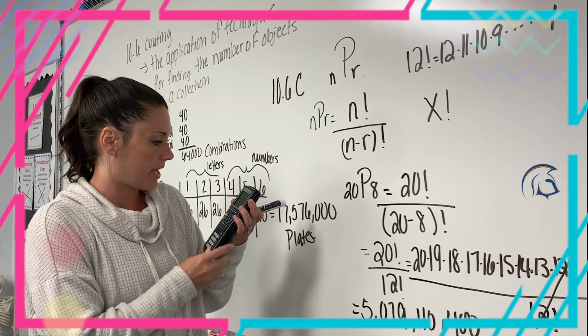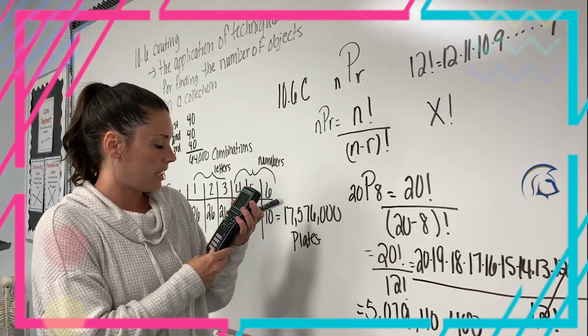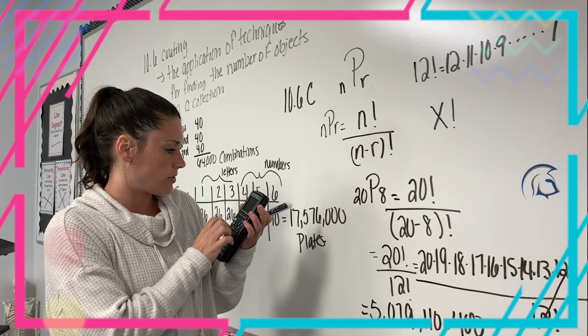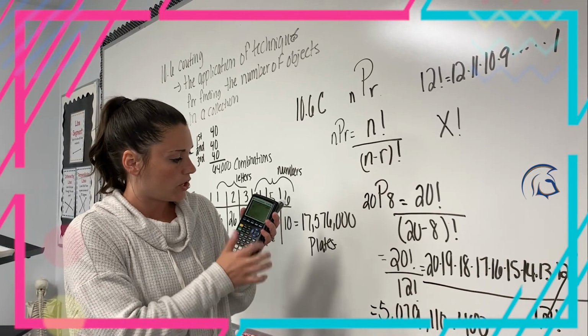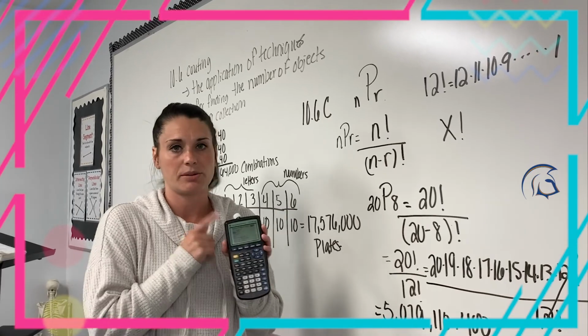Just hit your math button, go over to probability, and you can play around with it and use your permutation button right there.